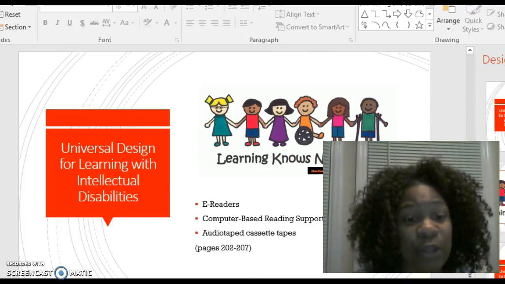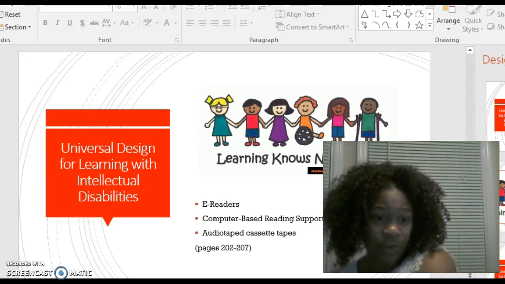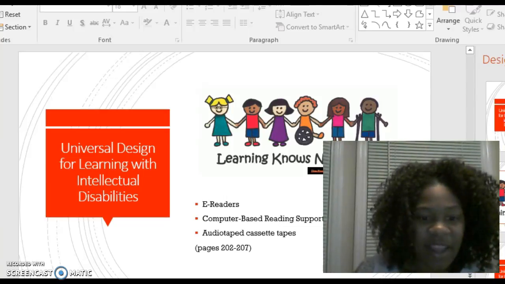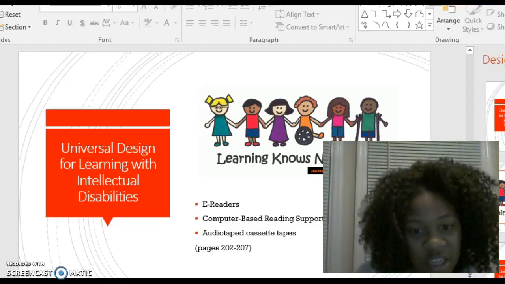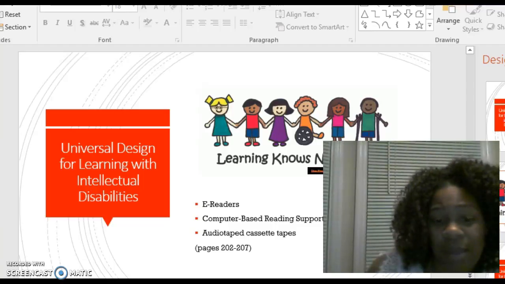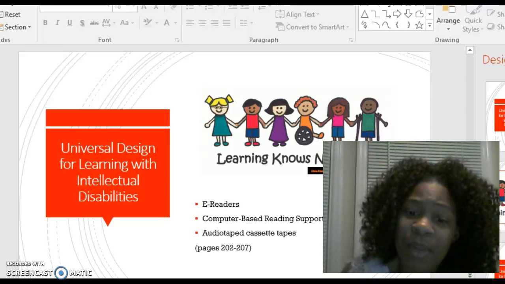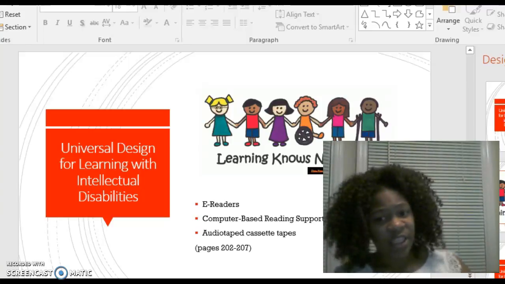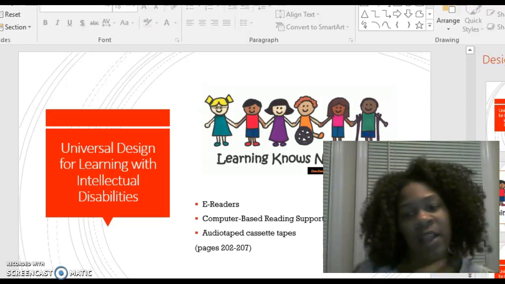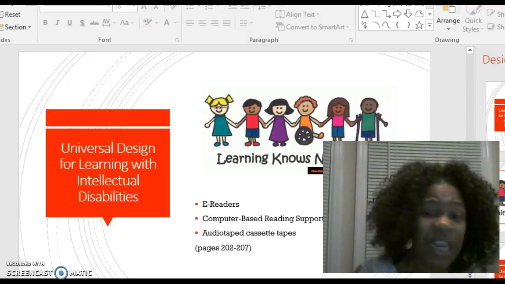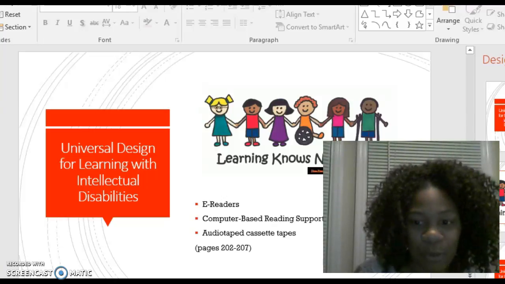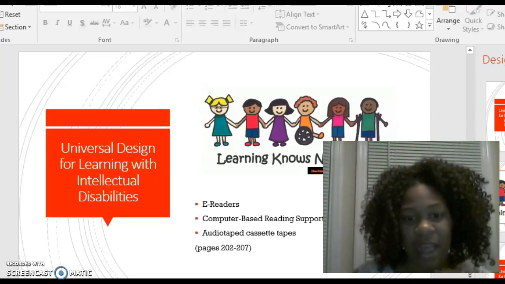So now I'm talking about UDL for learning with intellectual disabilities, and I have e-readers, computer-based reading supports, and audio tape cassettes. The audio tape cassettes and the computer-based reading supports weren't as valid in the reading as the e-readers, but I listed them because before e-readers were readily available for students, that technology wasn't on hand.